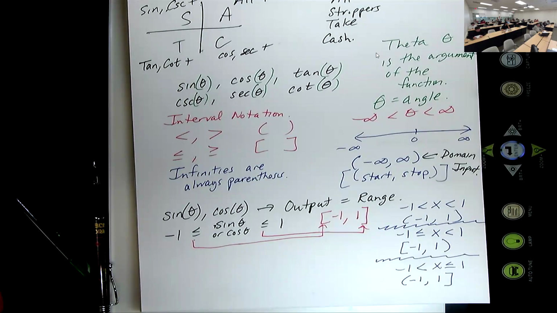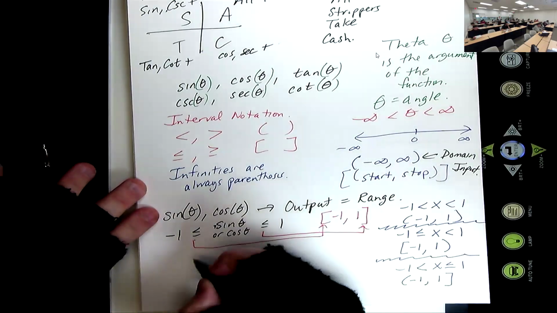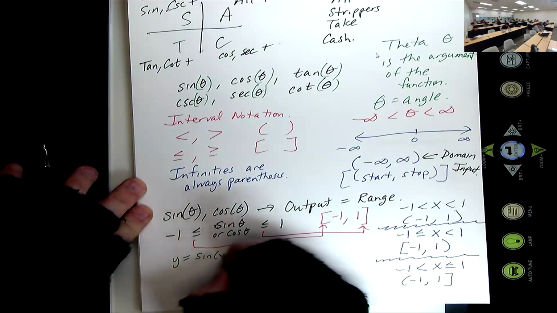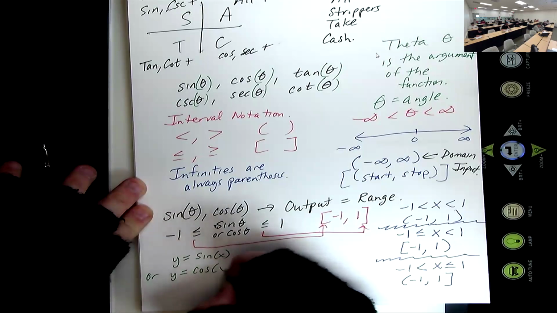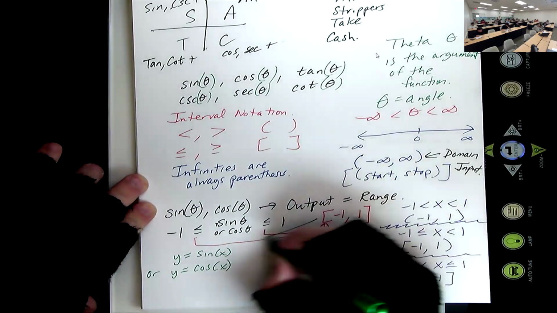Sine theta and cosine theta have an output like that. Oftentimes, and we'll get to the point where you'll see it a little, we're using x instead of theta, when we do y equals sine x and y equals cosine x. This is where you see this range issue really pop up.